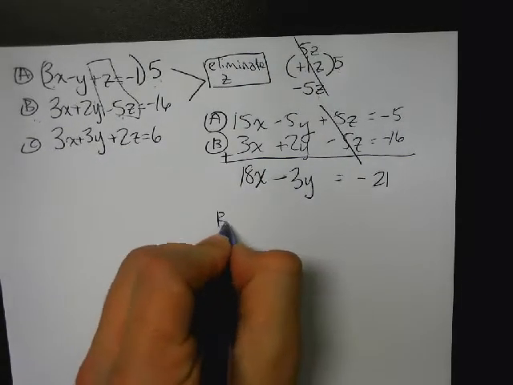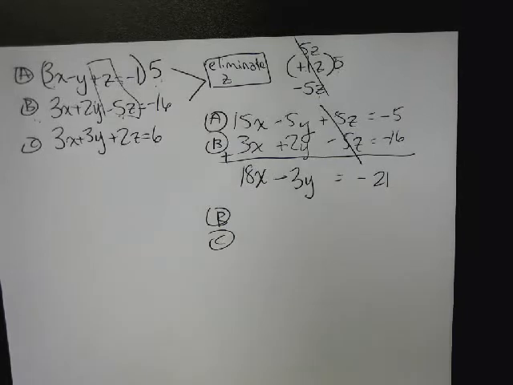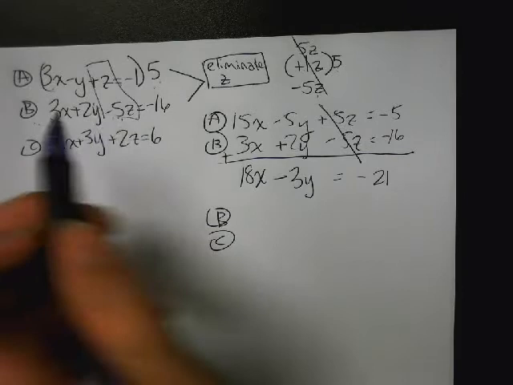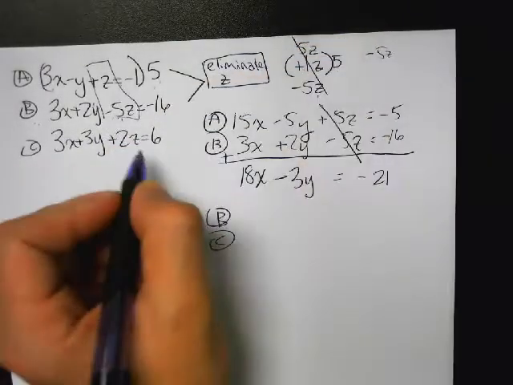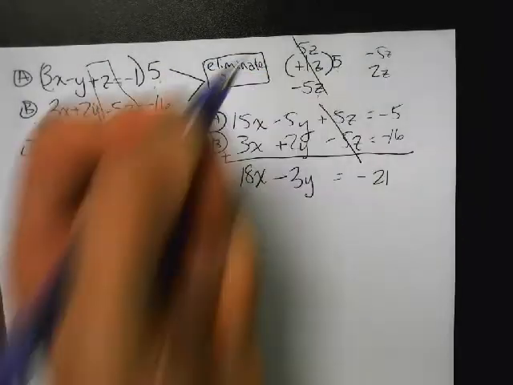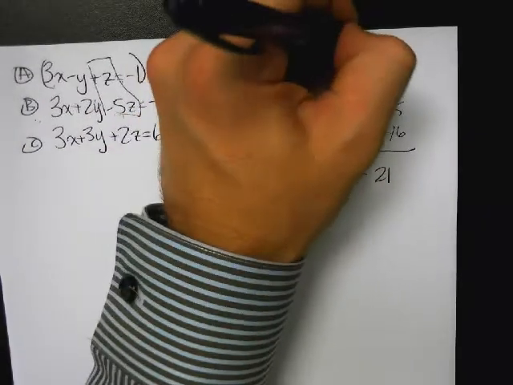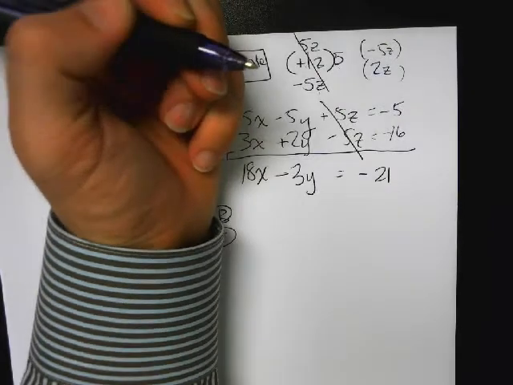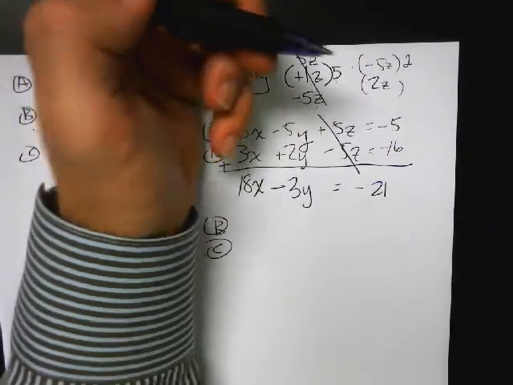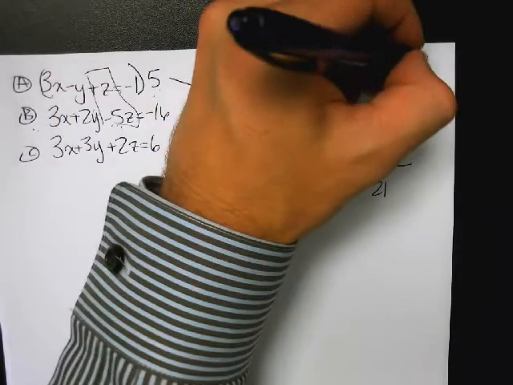Okay, that takes care of A and B. Now let's go on to B and C. My B and C equations, I've got a negative 5z, and then for C, I've got 2z. So if I have a negative 5 on the top and a 2 on the bottom, I can multiply the top equation by 2, because 2 times negative 5 is negative 10.